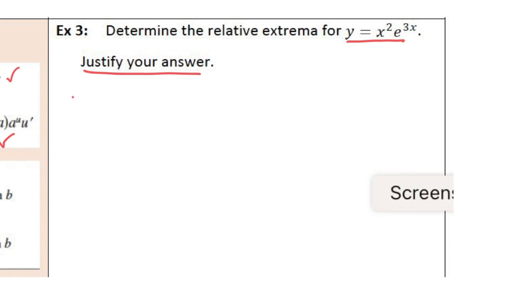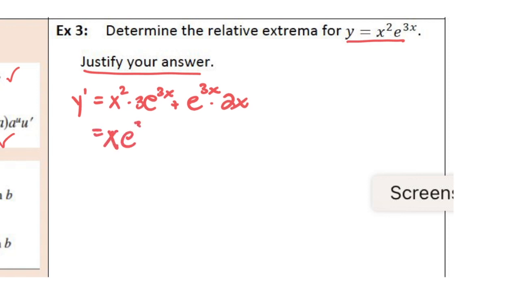We're going to look for where the derivative equals 0 or does not exist. Following through with the product rule, you get x squared times 3e to the 3x plus e to the 3x times 2x. Do a little bit of factoring. We're left with x e to the 3x multiplied by 3x plus 2.